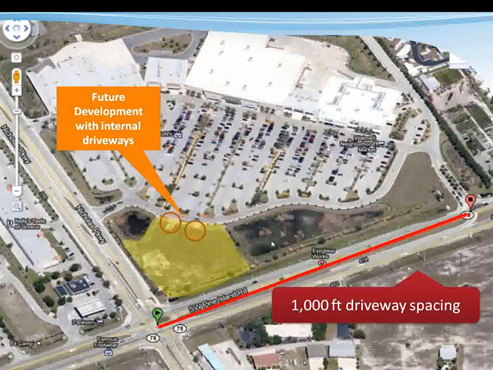Again, unified development plans can assure the best access management.